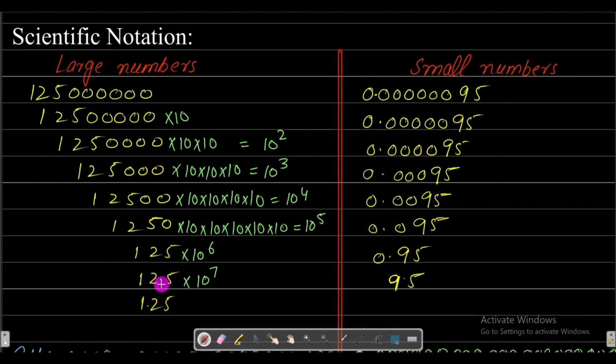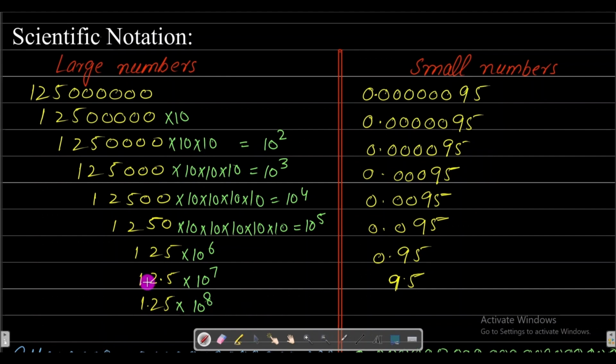If we divide this by 10, the decimal point will shift here. We divide this by 10, so in order to keep the magnitude constant, we will multiply by 10. So this 10 power 7 will become 10 power 8.